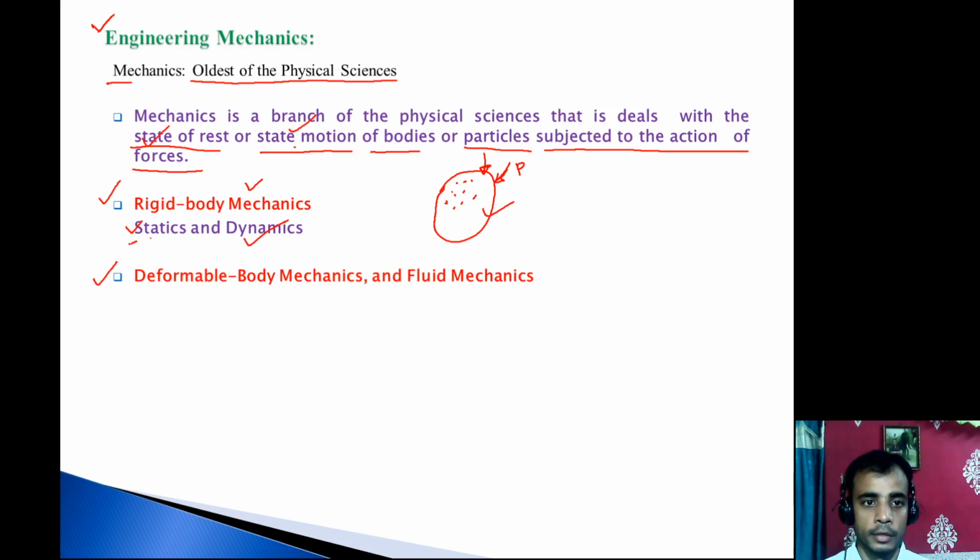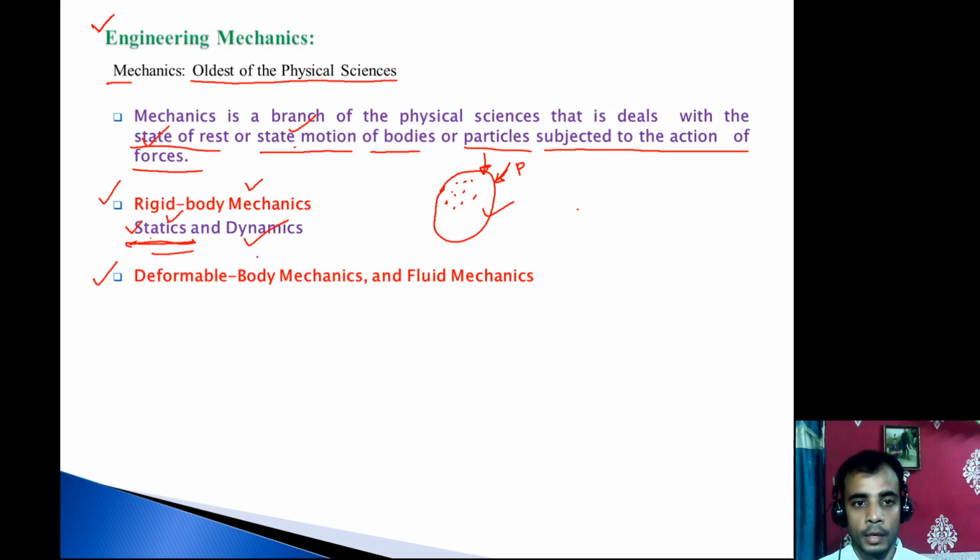What is statics? Statics deals with the state of rest of the body. That means if the body is at rest under the action of different types of forces, then it is called statics.